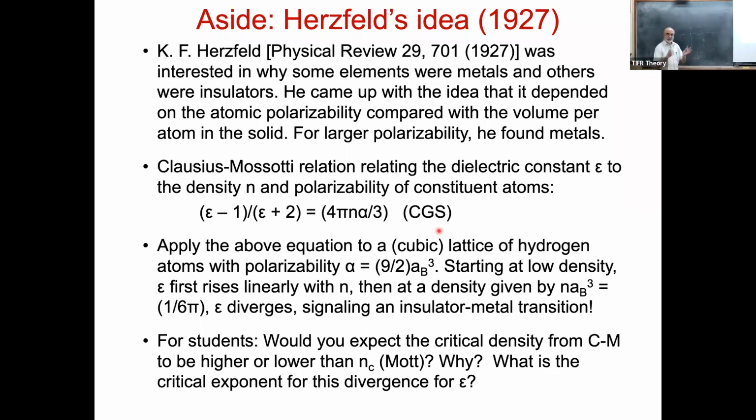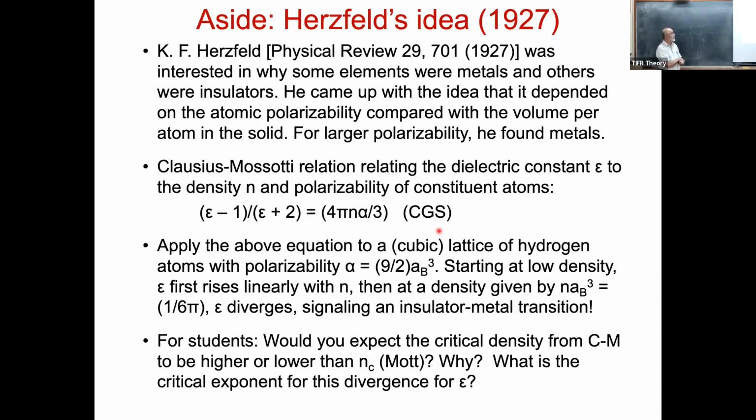Now, suppose I think of a cubic lattice of hydrogen atoms. Then I know the polarizability of hydrogen atom. That's exactly known. You can calculate it exactly. It's 9/2 Bohr radius cubed. So if you start at low density, the right-hand side is very small. So the dielectric constant starts going up from the value at 0 density.